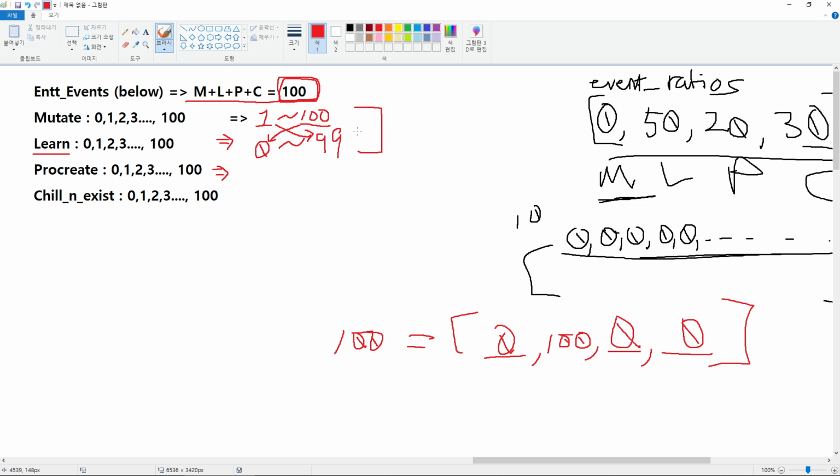So there's no point in doing that. So anyway, for the procreate ratio, it could theoretically be 0 to 100, but just for the sake of testing, I tried 30%, and it actually took a very long time to do this.